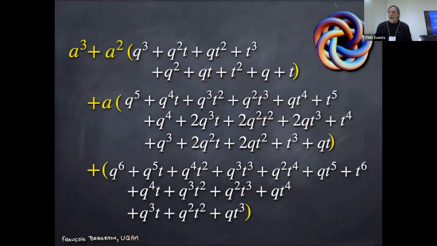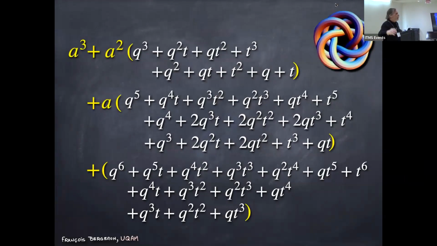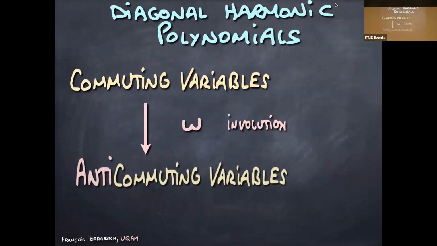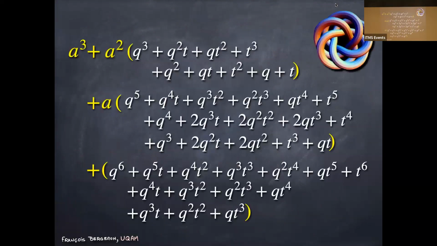Okay, so then we give this to the number theorists and say that's the triply graded Poincare polynomial of the Khovanov-Rozansky homology of this knot. Okay.